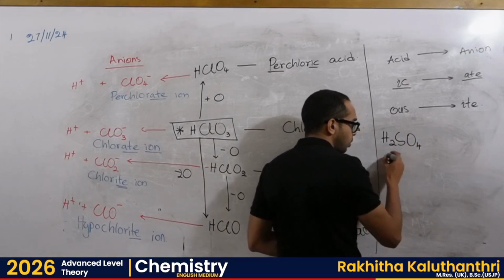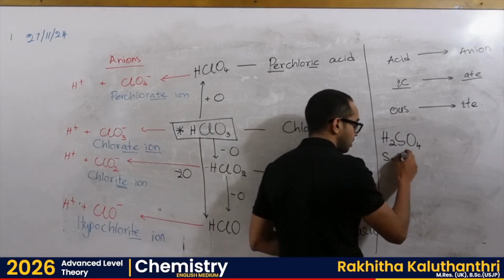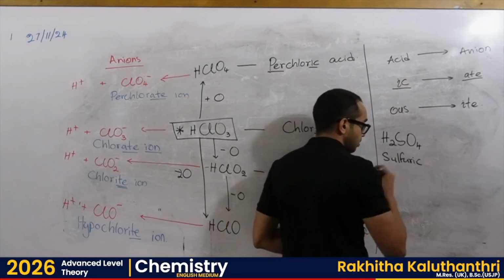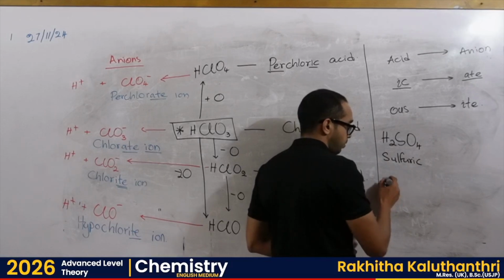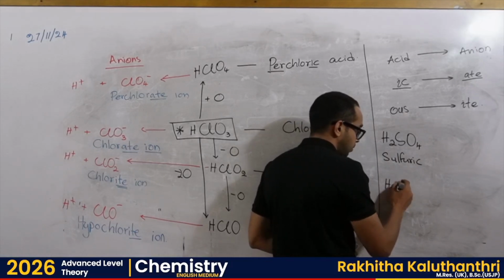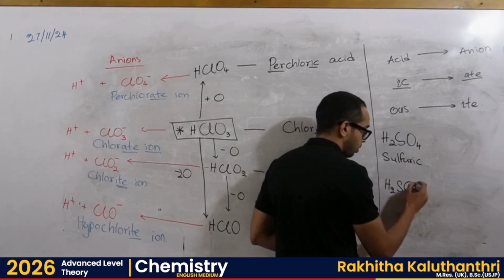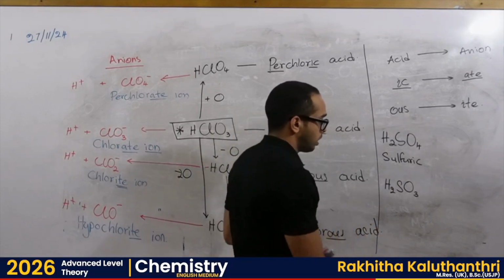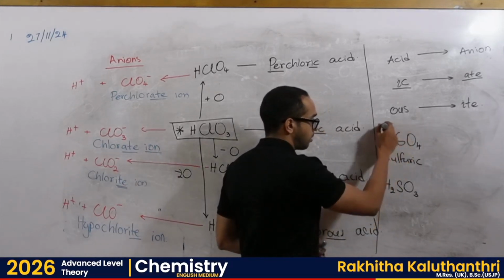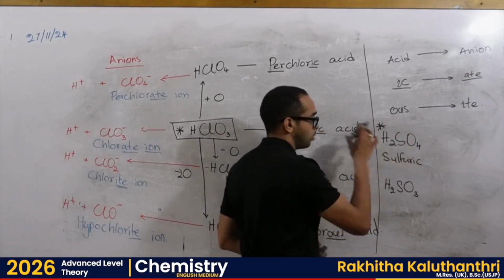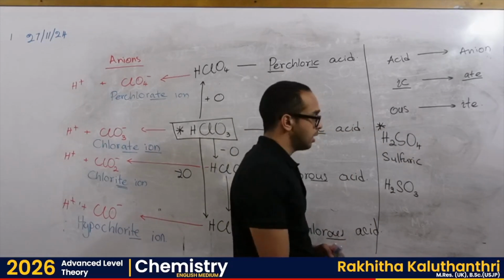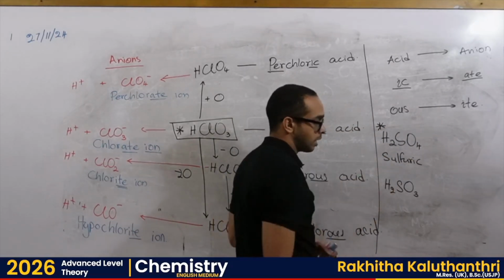What is this? We call this sulfuric, right? And then when it comes to sulfuric acid, we have another version of this with a lower amount of oxygen, right? So the number of oxygens here is less. So this is the reference point. That's why we know this name very well. From there, one more oxygen is less.